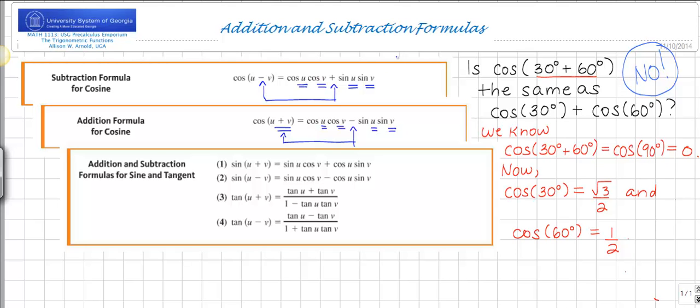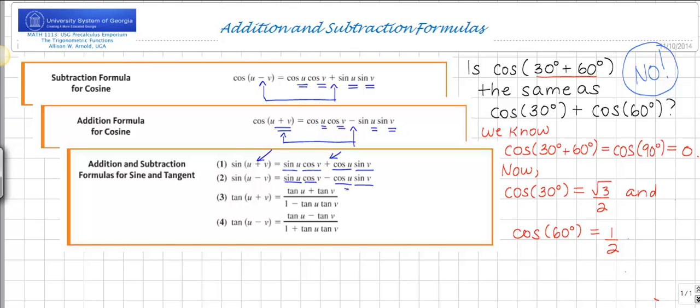Now in the same set of derivations in your ebook, you can see the formulas for sine of a sum and a difference, and the sine formulas fit the following pattern: sine of the first, cosine of the second, keep the middle, cosine of the first, sine of the second. And then here you can see sine of u minus v: sine of u, cosine of v, keep the middle, cosine u, sine v.